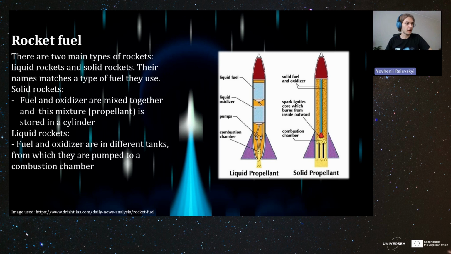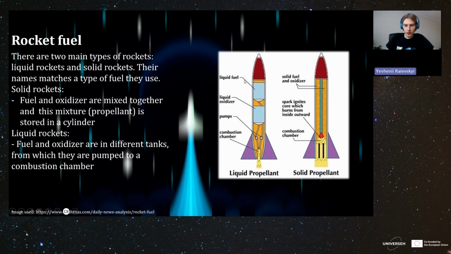The next section is rocket fuels. There are two groups of rocket fuels. The first is solid rockets, solid propellants, and the second is liquid propellants. Solid propellants, as the name states, propellant, so a fuel plus oxidizer, create a solid mixture here.